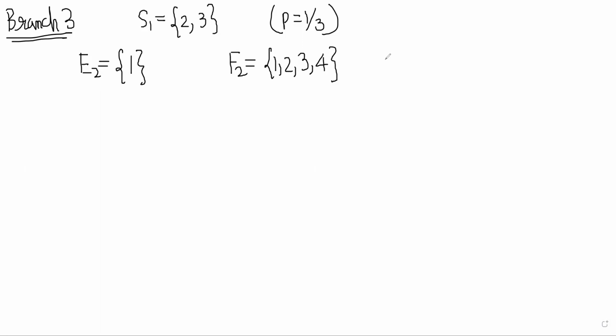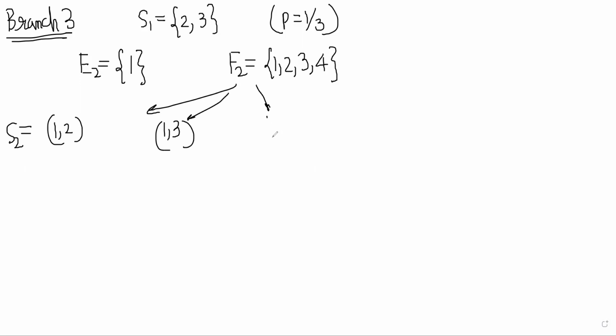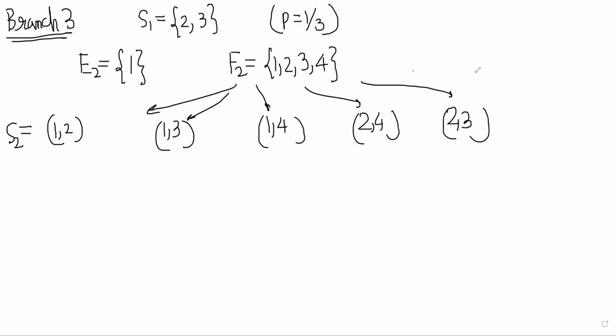Now we choose two elements from F2 and we can see there are different possibilities. You can say this is my S2. S2 could be 1, 2, it could be 1, 3, it could be 1, 4, it could be 2, 4, it could be 2, 3, and it will also be 3, 4, right?